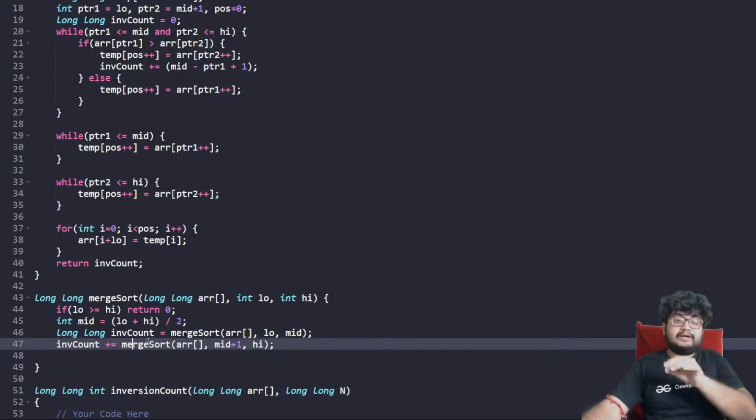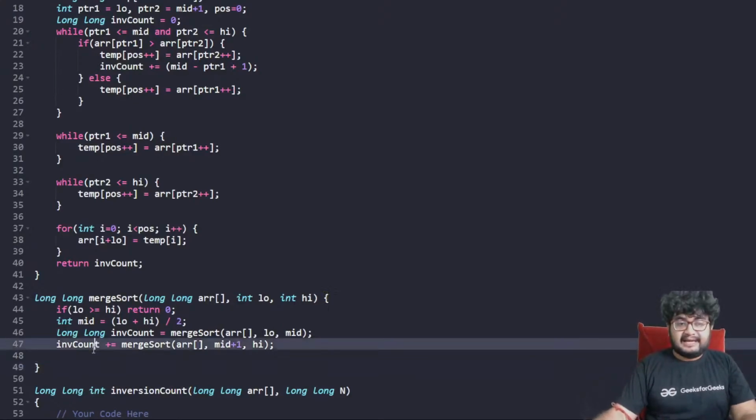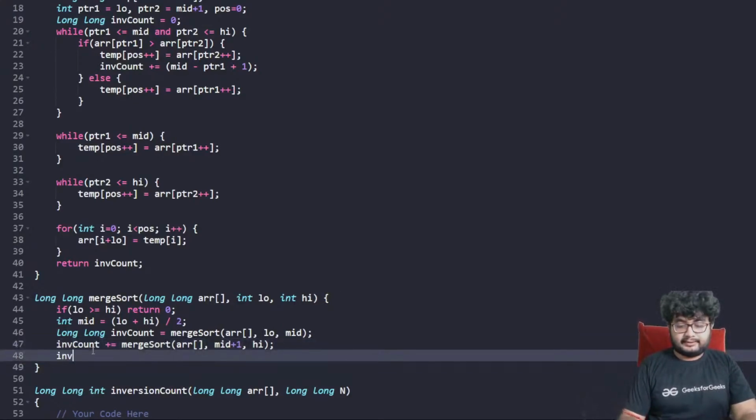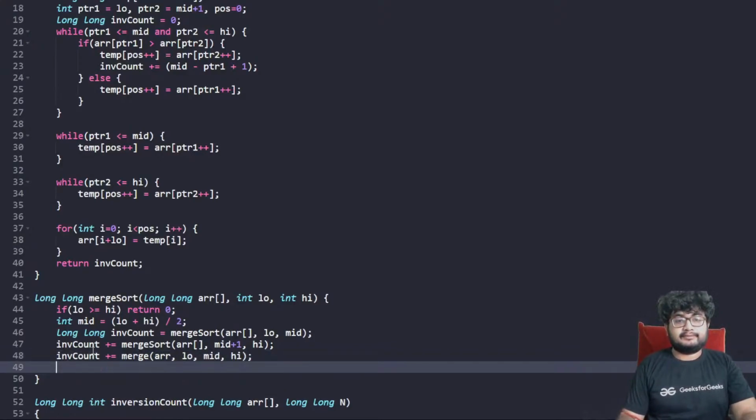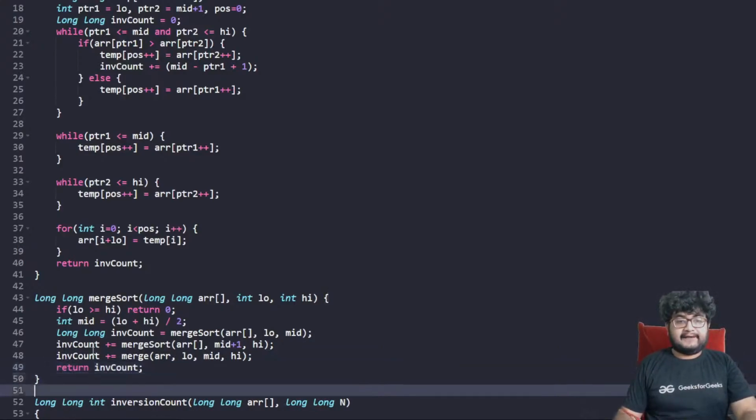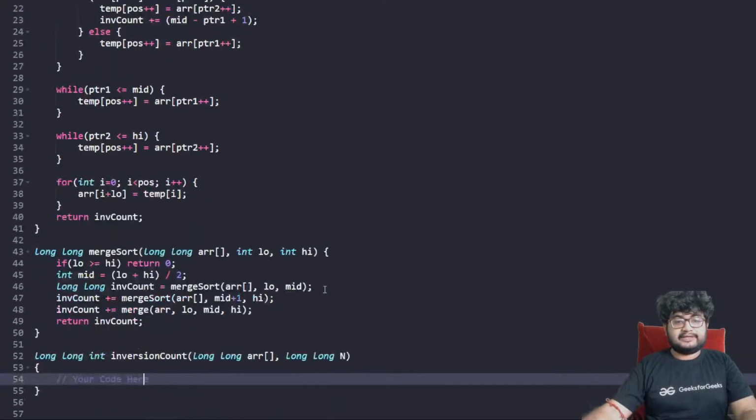So the inversion count between them is given by the merge operation. So that we will have to include as well. Inversion count plus equals merge ARR low, mid, high. Return inversion count.